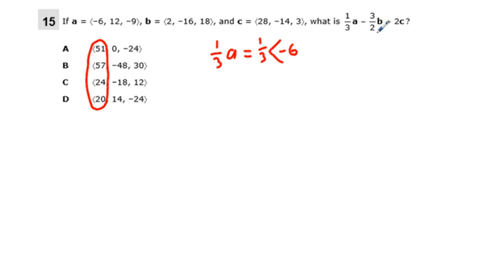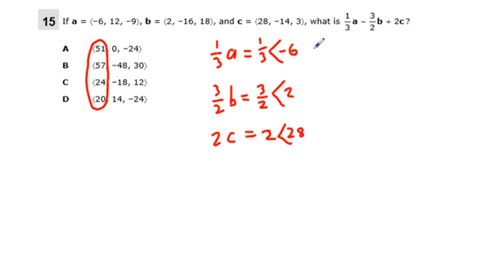And then we have minus 3/2, so 3/2 of B is 2. And then finally we have 2C equals 2 times this value for C, which is 28.